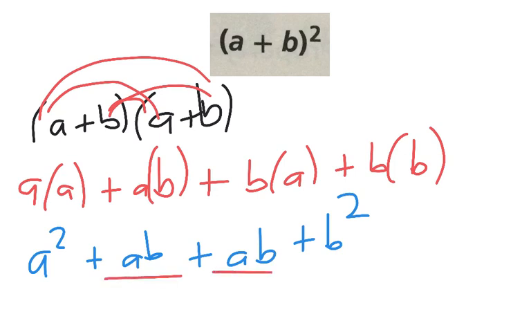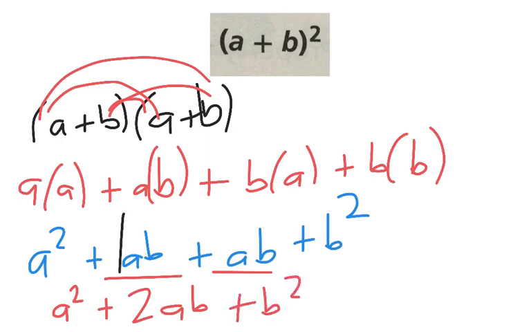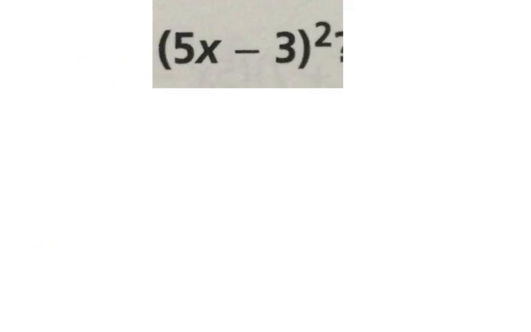AB and AB. If I combine those, that's going to give me 2 ABs. Remember, they each have a coefficient of 1 when I'm combining like terms. I keep the variables the same, and I do what the numbers tell me to do as far as combining. So in this case, a positive 1 and a positive 1 combine to be positive 2.